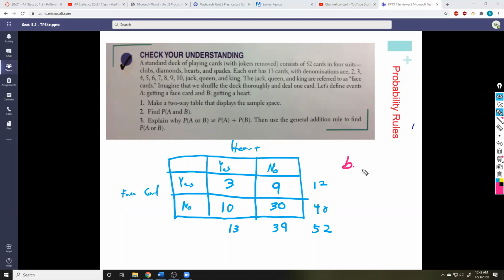Part B, someone give me the fraction here. So 3 out of 52, that is in both categories. It's a heart and a face card. There's 3 of them out of all 52 cards in the deck.